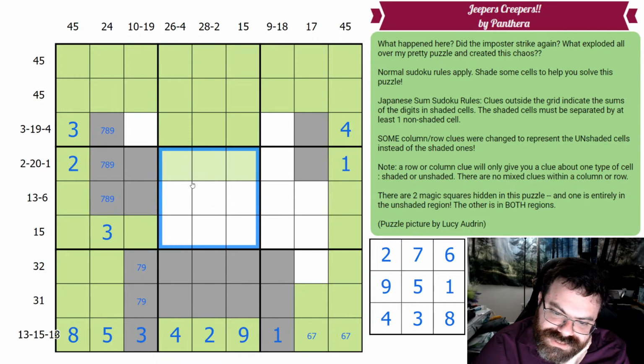This would have to all be green. Oh, wait. This 26 and 28 would both be 5 long.